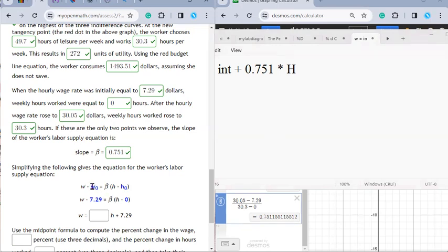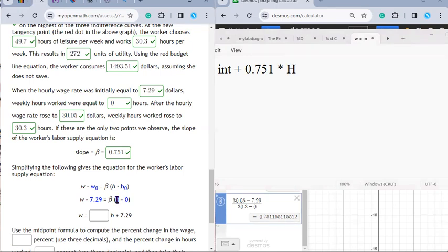Now we call this the point-slope equation because this beta is the slope and this W0, H0 is a point, right? The initial wage was $7.29 and the initial hours worked were 0.